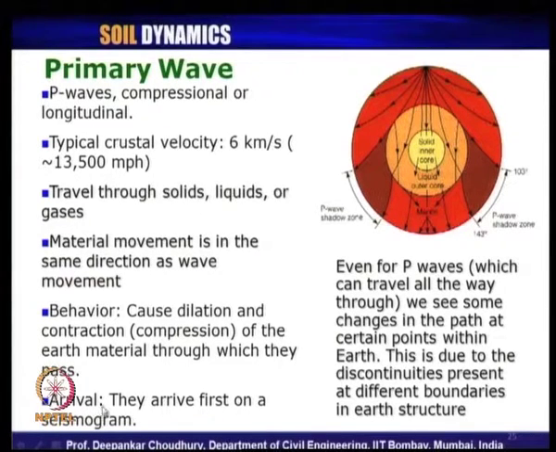And about their arrival, they arrive first on the seismogram because of their very high crustal velocity. That is the maximum crustal velocity among all the waves. So, the P wave has the maximum crustal velocity among the 4 types of waves.